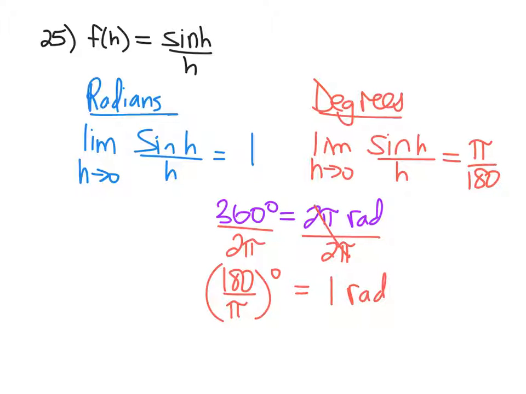Is there any reason to believe? Yes. Estimate cosine h minus 1 over h. They're basically asking us to do the same thing, but with the cosine rules. Cosine h minus 1 over h, so we'll use x's. I'll keep the same window.